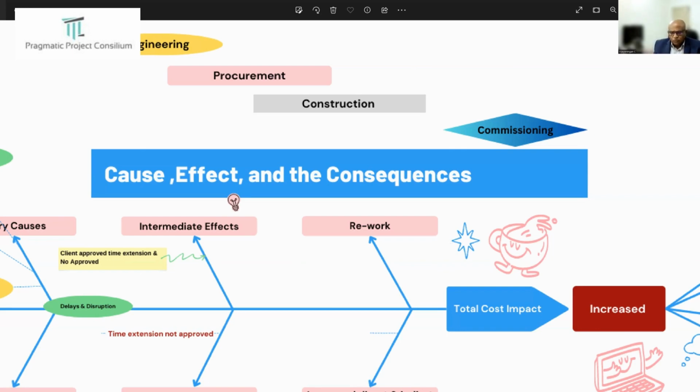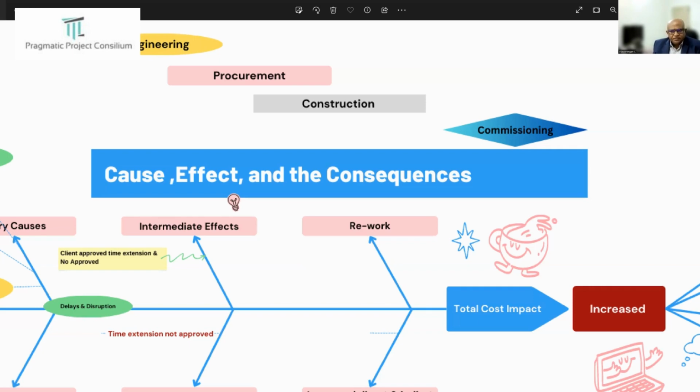Coming to the problem people mainly face: a poorly prepared schedule does not provide a reliable tool, for example, to measure responsibility for delays that occur during project execution and to quantify appropriate time extensions, which is very important.